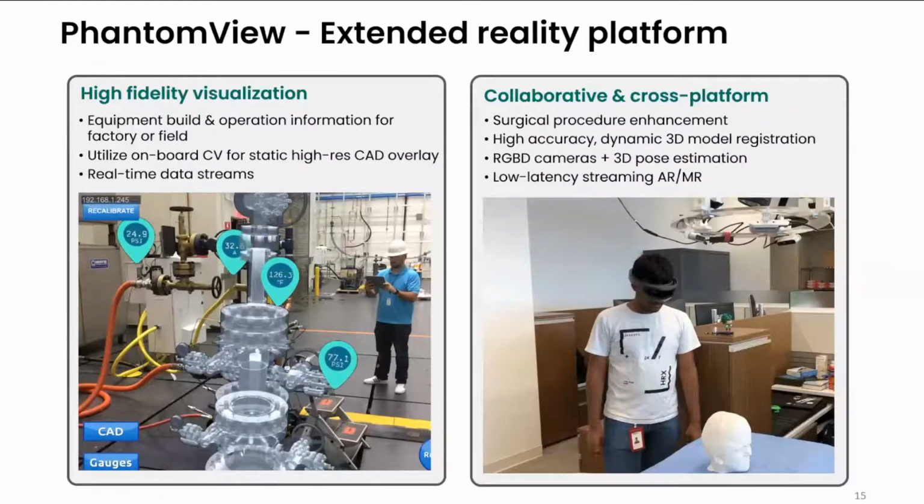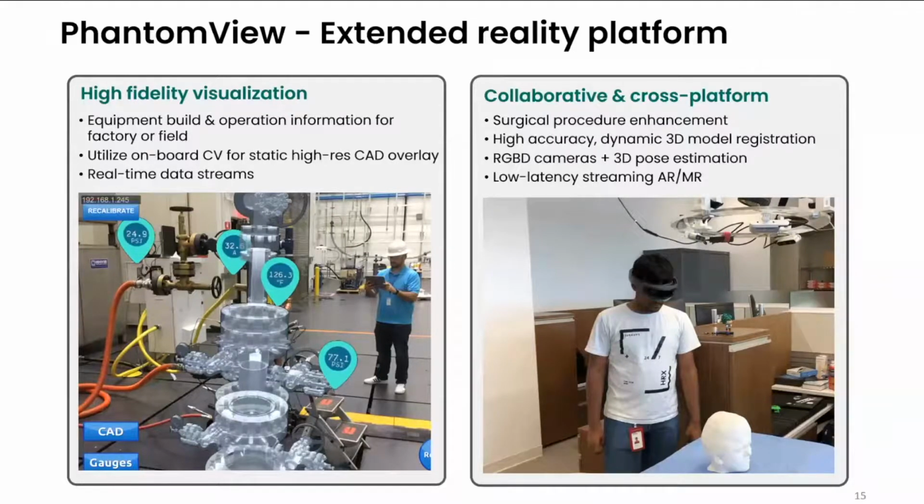This is what we call Phantom View, which is an extended reality platform. We have previously worked on techniques for building a universal extended reality platform to facilitate high fidelity visualization.